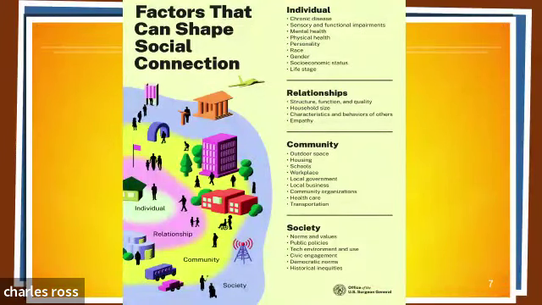So this is one of the pages in his document that talks about the different factors that can shape our social connections, both positively and negatively. You might not be able to read it, I don't know how well it comes through on Zoom. But up at the top, these are individual factors, and some of them I want to point out: chronic diseases, sensory and functional impairments, your mental health, your physical health, your personality, whether you're more introverted, your race, your gender.